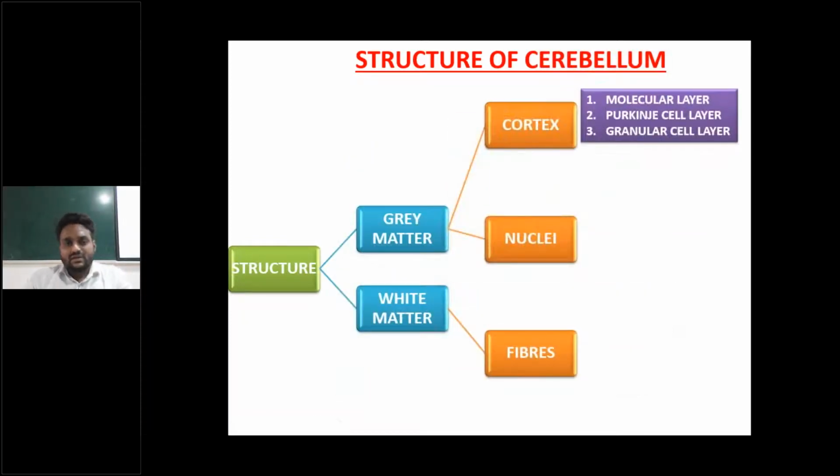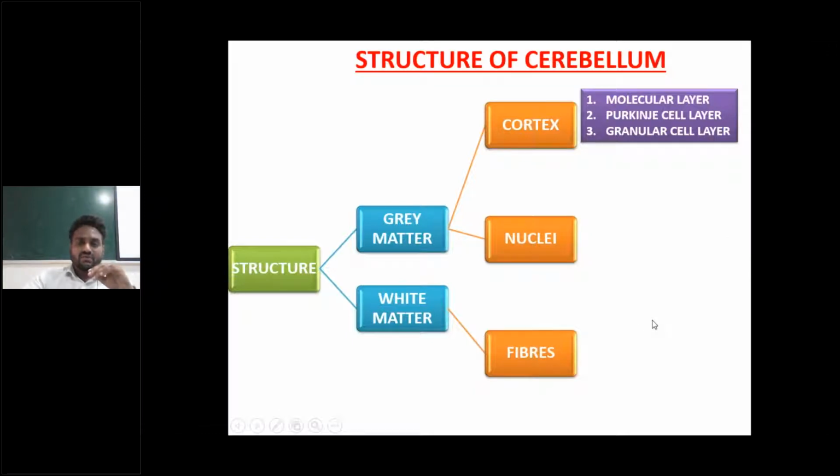If you see the gray cortex of the cerebellum, histologically it is made up of three layers. From outside to inside: molecular layer, Purkinje cell layer, and granular cell layer. These three layers form the cortex. Now we come to the nuclei.